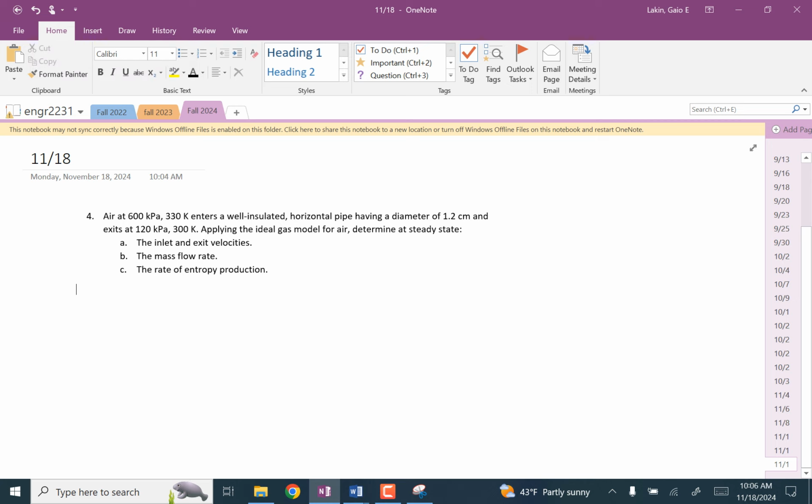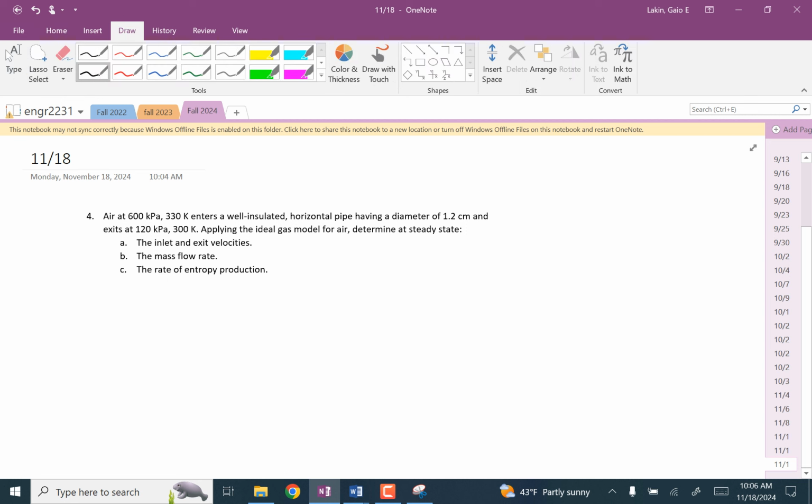Okay, so we got air, and so we're going to think of this as an ideal gas. And it's a horizontal pipe.